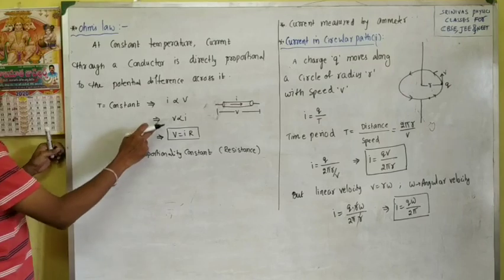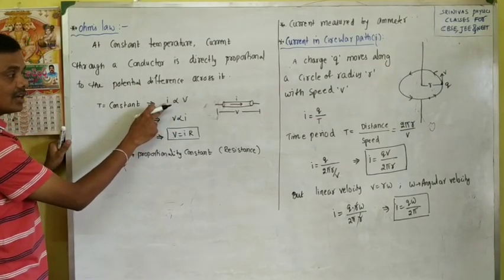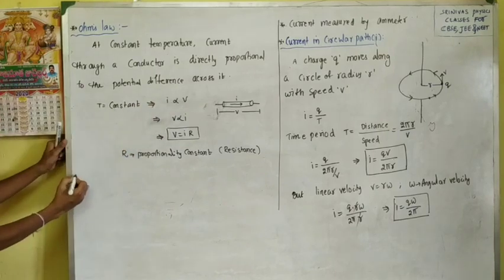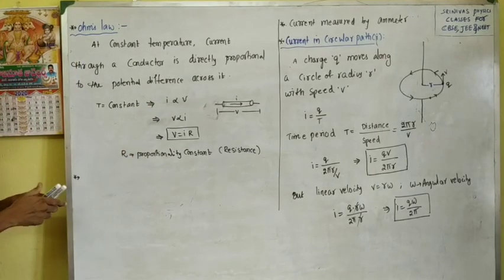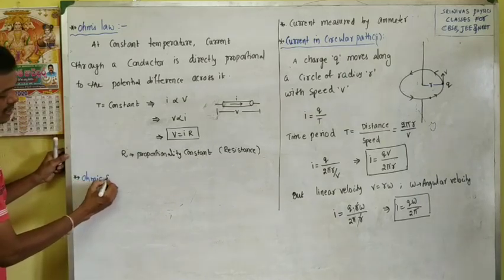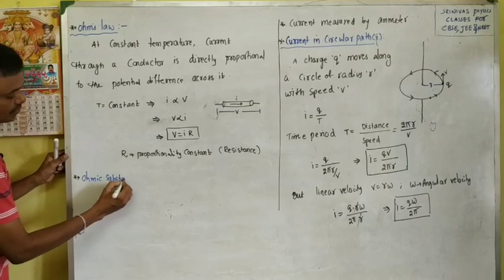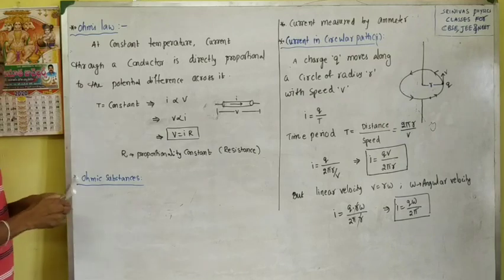Now, some substances, when we increase the potential difference, automatically the current also increases. And the substances which obey this Ohm's law are called ohmic substances. Remember that. Now I am going to tell about the ohmic substances. Ohmic substances means these are the substances which obey Ohm's law, right?